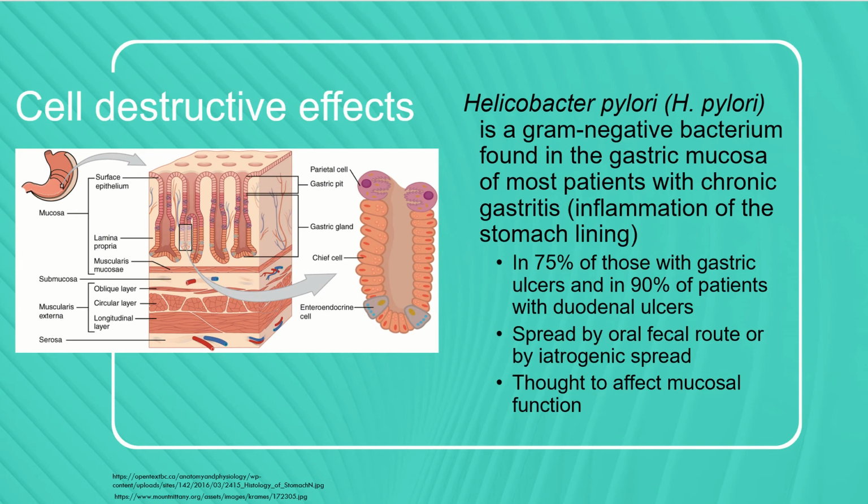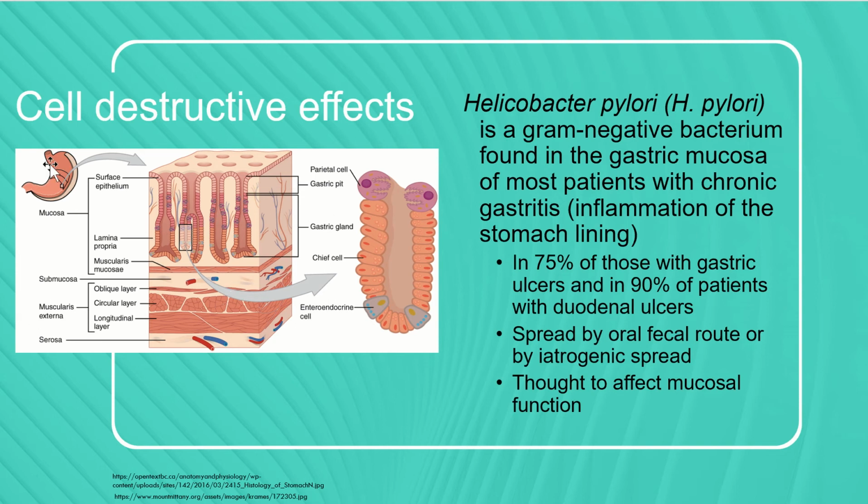Right, so in 75% of those with gastric ulcers and 90% of patients with duodenal ulcers, this bacterium is present, and it spreads by the oral-fecal route or by iatrogenic spread, and that is through a medical procedure or treatment such as blood transfusion, etc. And they are thought to affect mucosal function. So this bacterium is found in patients with these issues or otherwise.